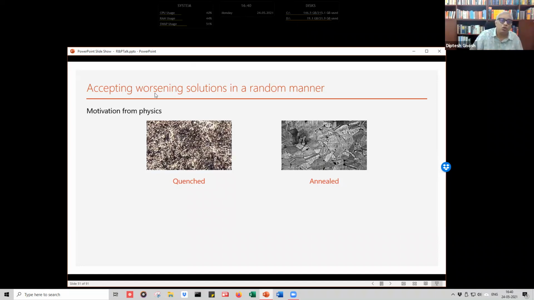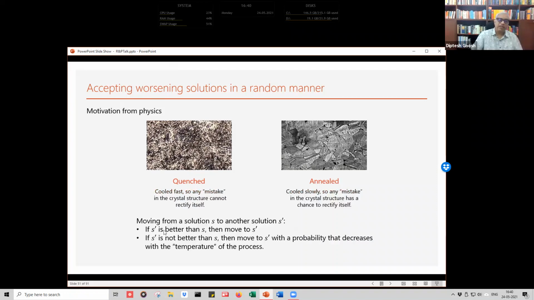Okay, so to take that intuition and put it in a solution method for optimization problems, this is what people do. People say that I'll do a local search, right? I have a solution, I find a neighboring solution.